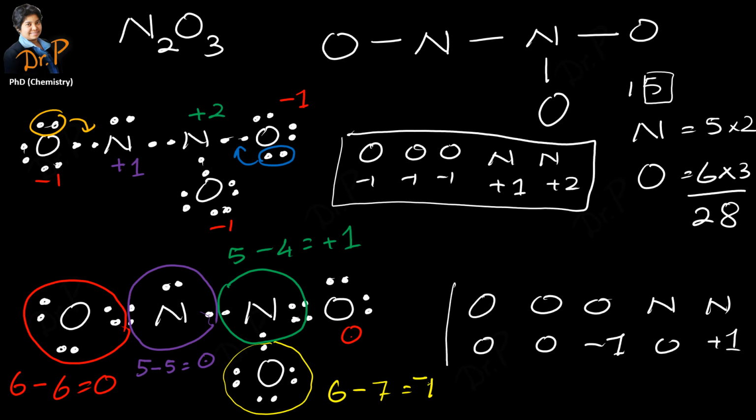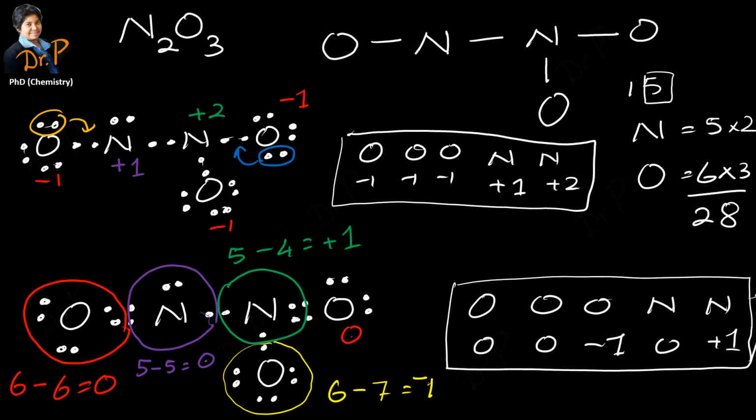And you can see in the second Lewis structure we came up with, we were able to have the smallest values for the formal charges. So we were able to get the minimum formal charge for atoms while following the octet rule. So we can say the second structure we came up with is the best Lewis structure for N2O3.